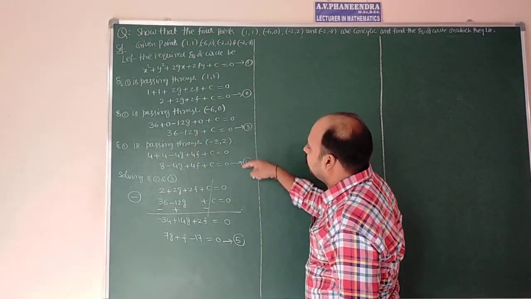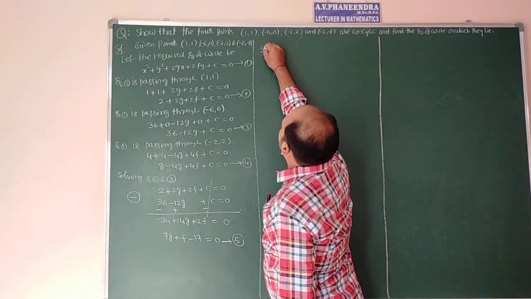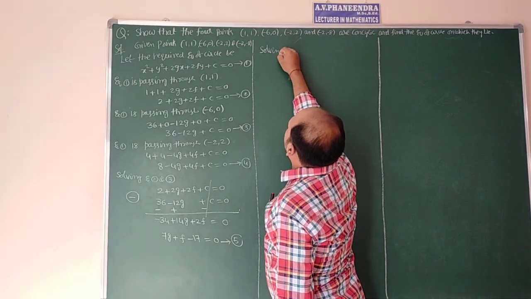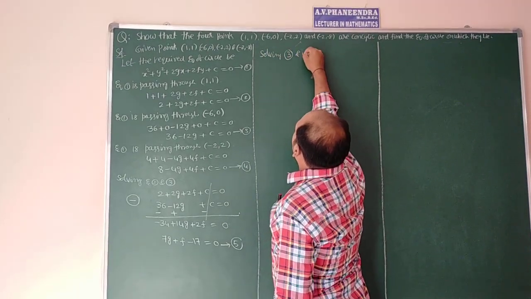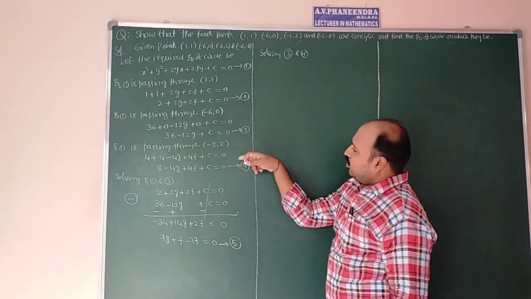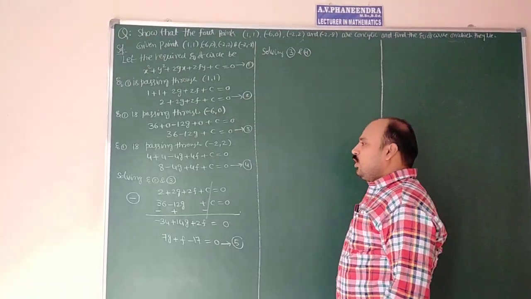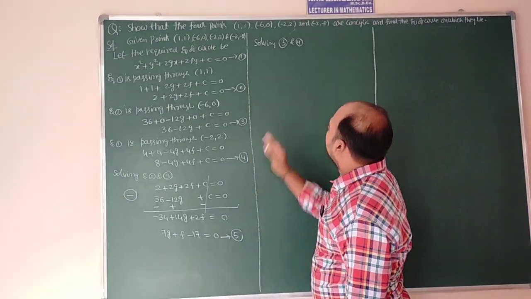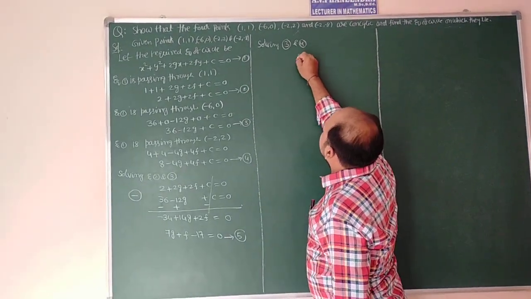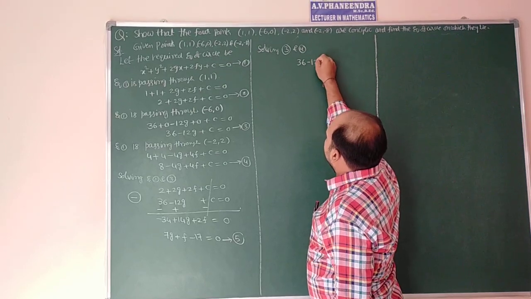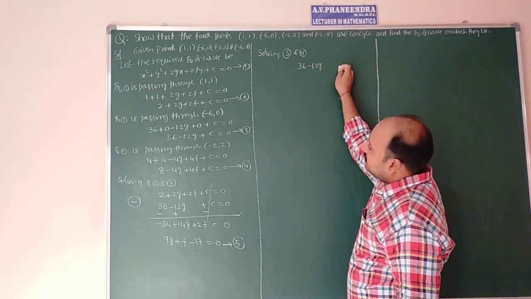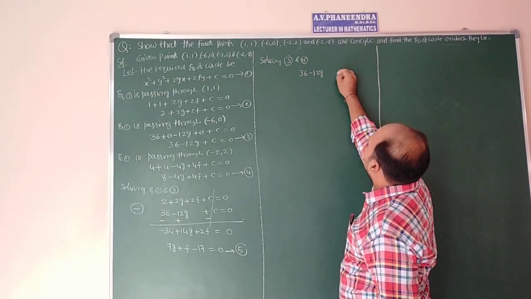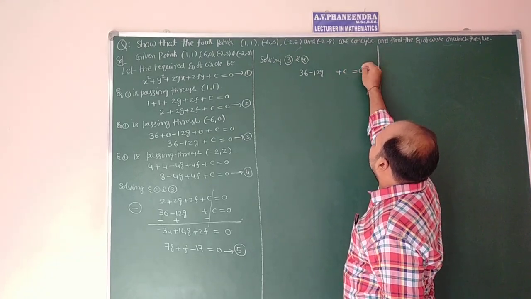After that, solving 3 and 4. Not only 3 and 4, you can solve 2 and 4 also, nothing will happen. In serial order I am taking 2 and 3, 3 and 4 generally. So 36 minus 12g, here the f term is not there, plus c equal to 0.